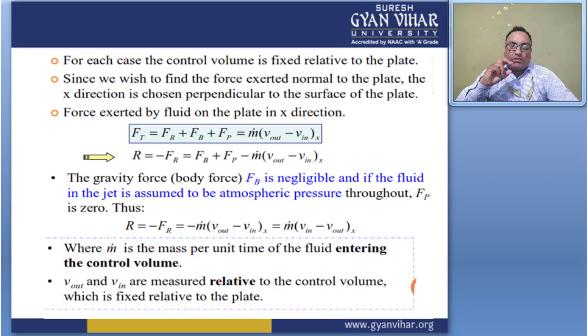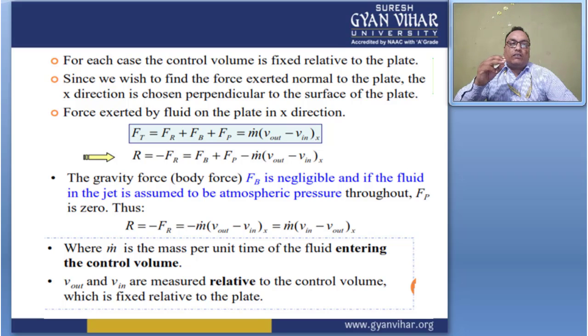The gravity force is negligible, and the fluid jet is assumed to be at atmospheric pressure throughout, so Fp is 0 here. Atmospheric pressure is 0 and the gravity force is negligible for this case.